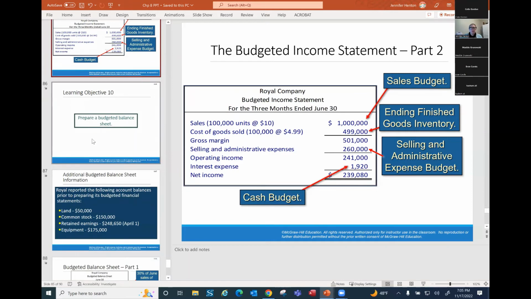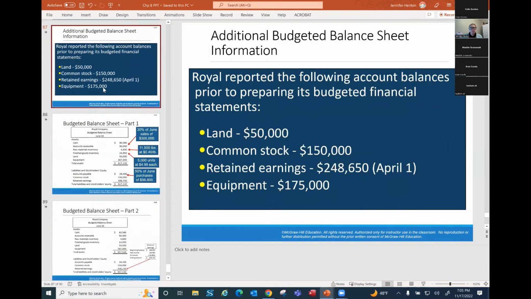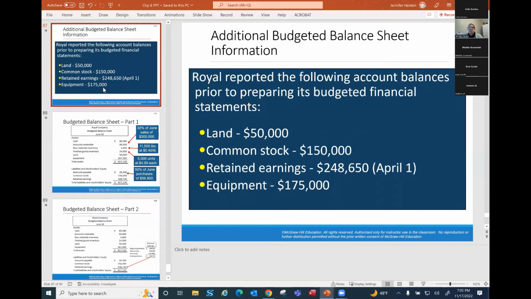All right, so now we're going to look at the balance sheet. So they're going to give us a little bit more information because we didn't know everything that they had for the balance sheet. So they're telling us they have land of 50,000, common stock of 150,000, retained earnings of 248,650 as of April 1, and equipment of 175,000.